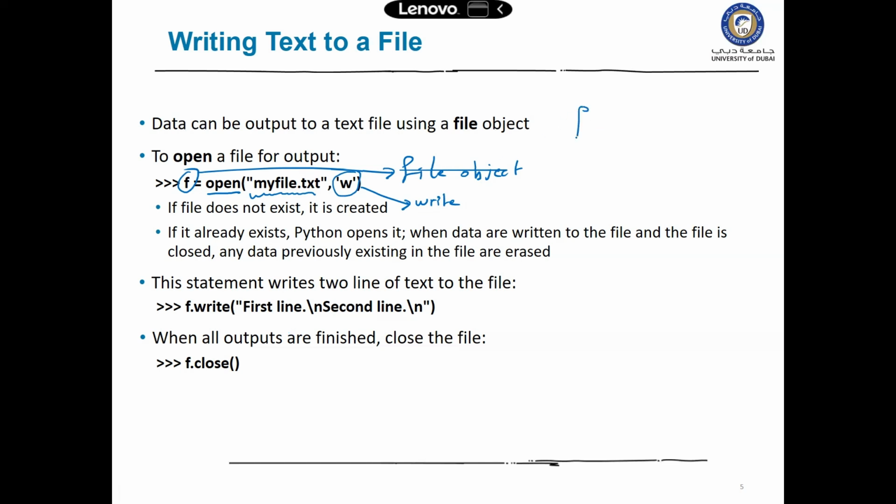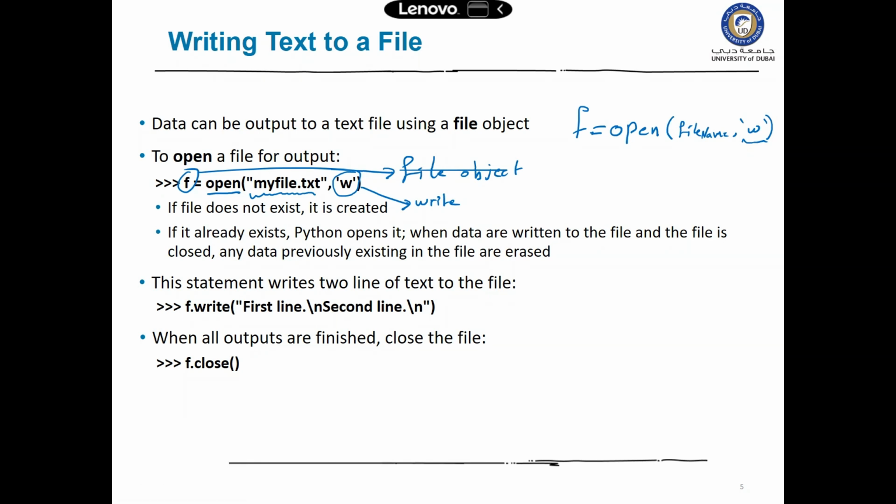So you create a file object equals open, and you put the file name, and think about it, this is a flag that I want to open the file for writing purpose.